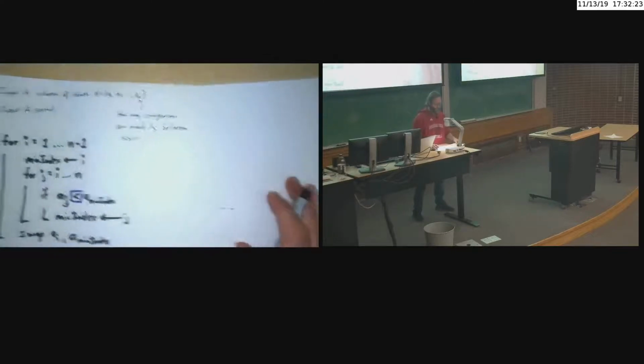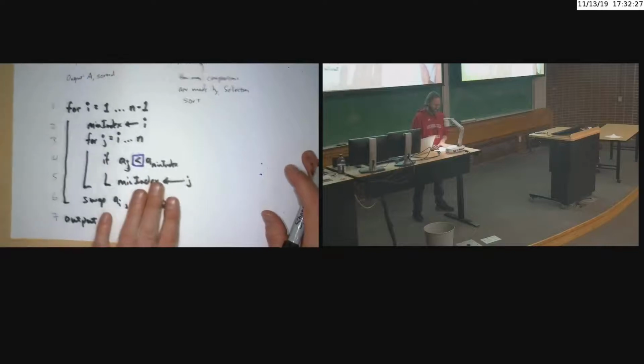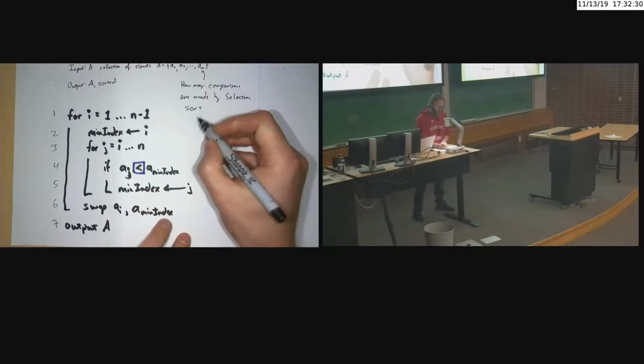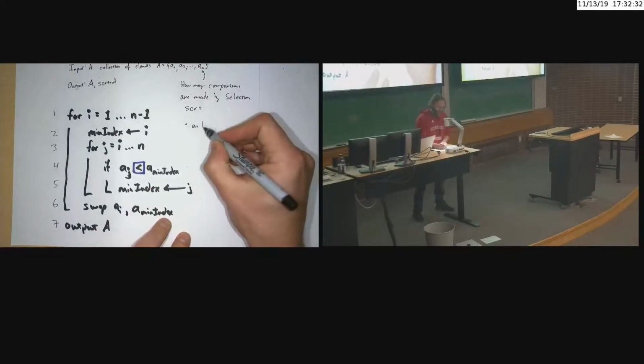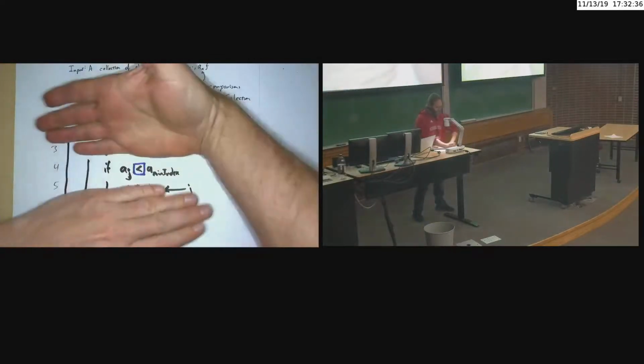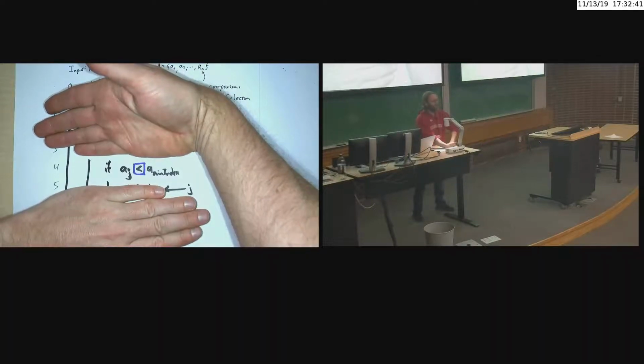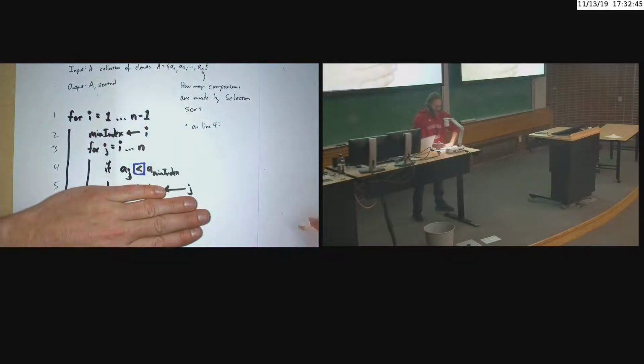In parallel over here, on line 4, how many times is that executed? In other words, if I ignore everything else, how many comparisons am I doing on that one line? Just one. Not a trick question, just one.